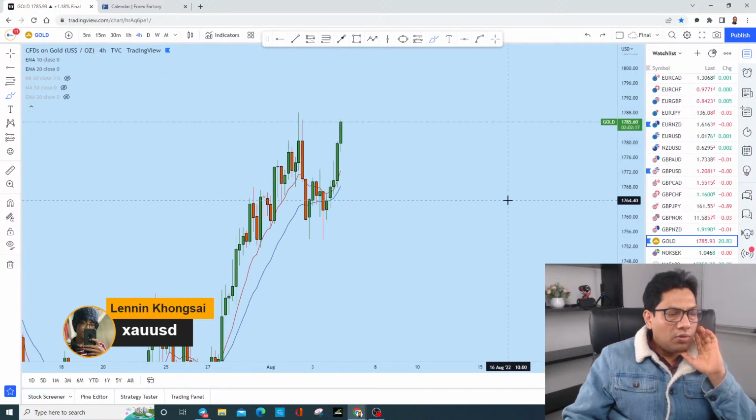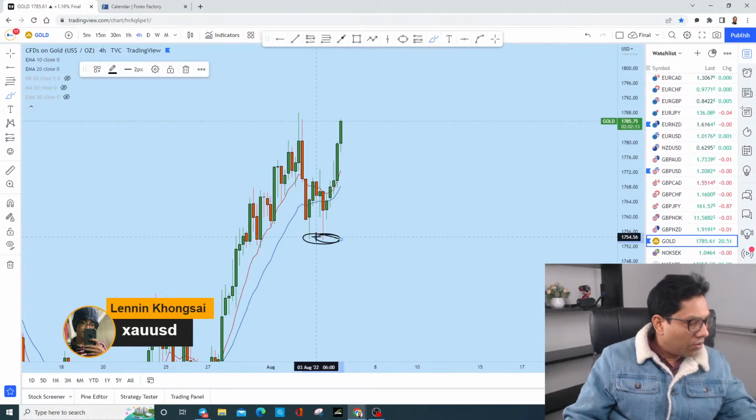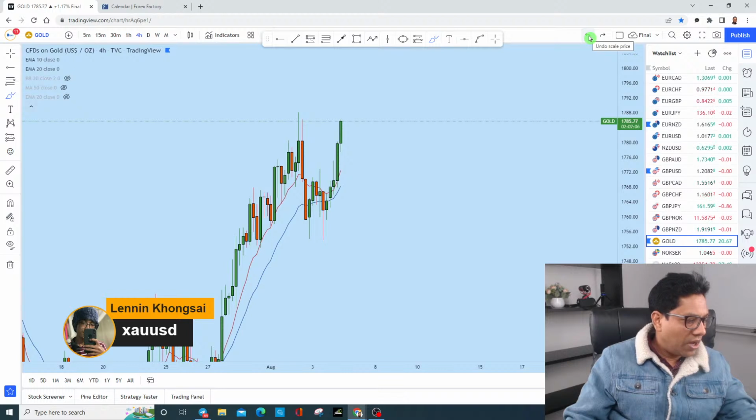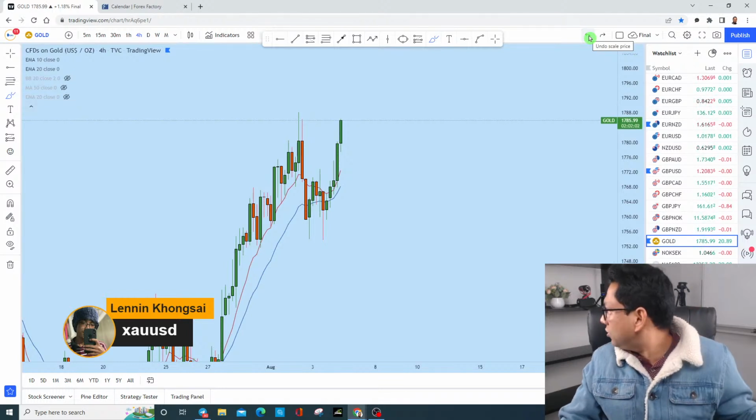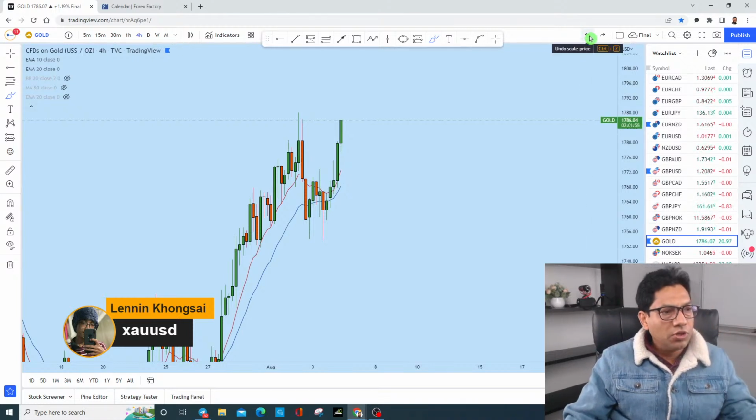That means it grabbed the liquidity from here, and then gold started to reverse to the upside. So we might see a potential long opportunity on gold.